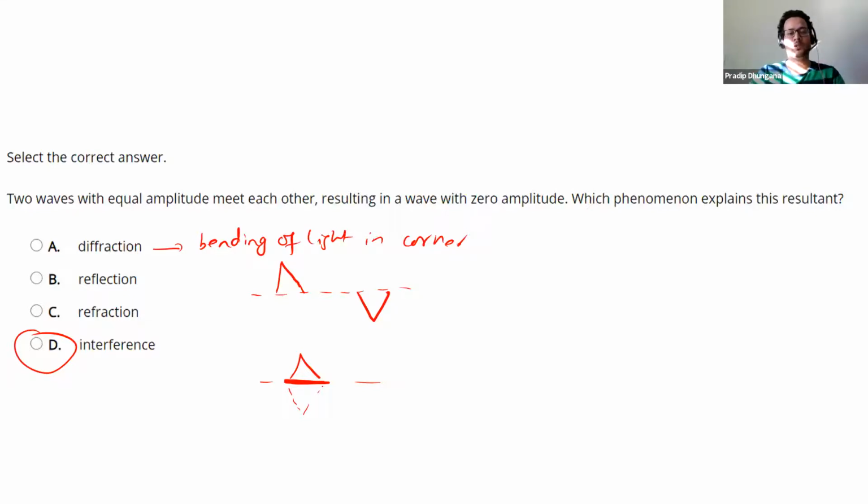That kind of bending phenomenon is called diffraction. Reflection is simply light hitting a barrier and coming back into the same medium. And refraction is the bending of light when it goes from one medium to another medium. The correct choice is interference.